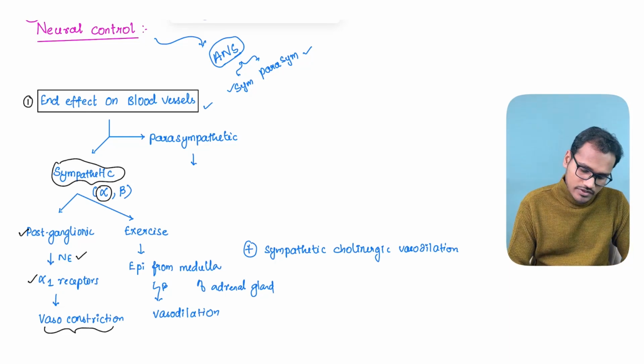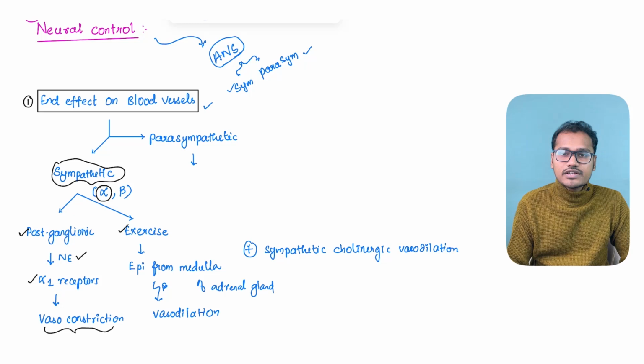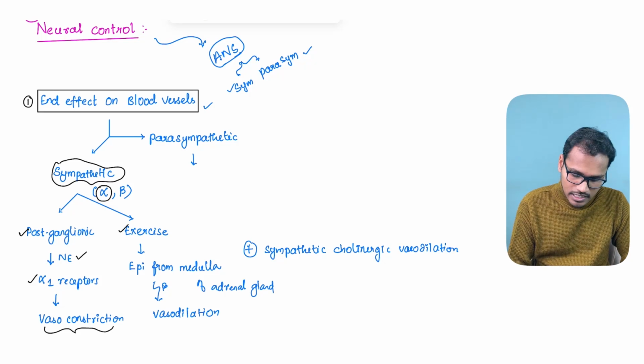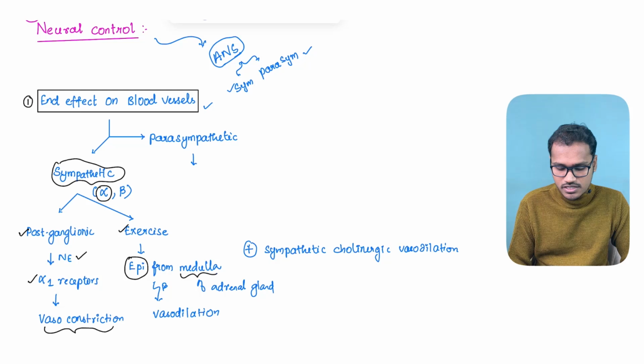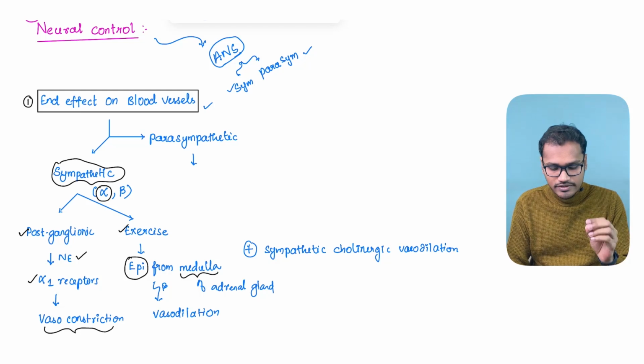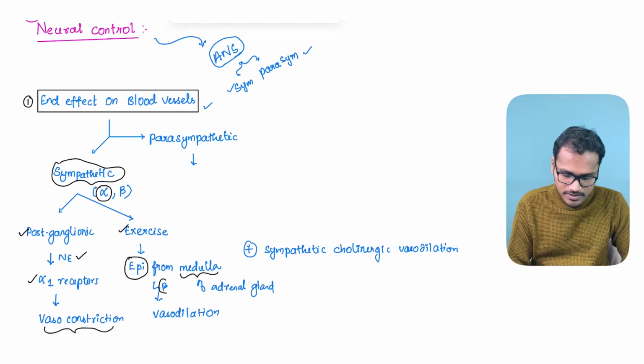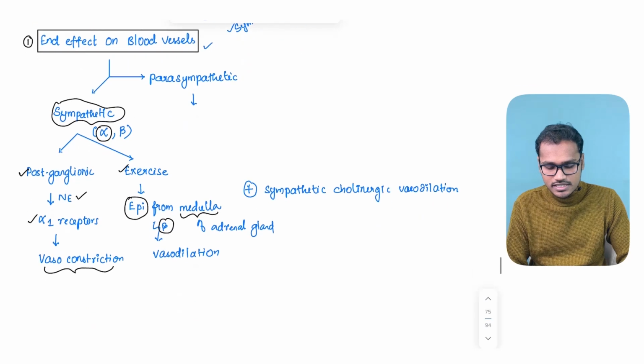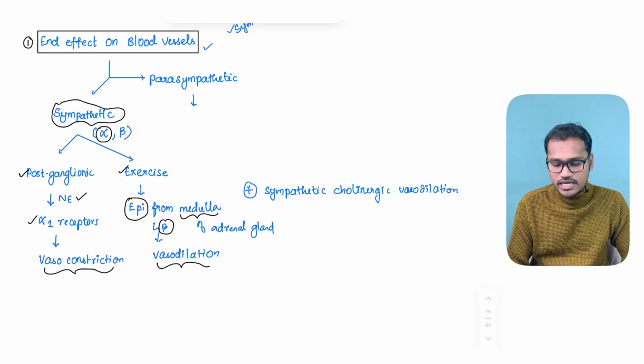Similarly, whenever a person is exercising, the epinephrine released from the adrenal medulla, whereas norepinephrine is generally released from the neurons, will act on the beta receptors and cause vasodilation.